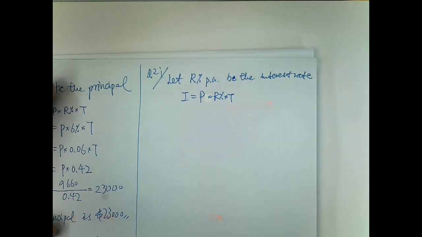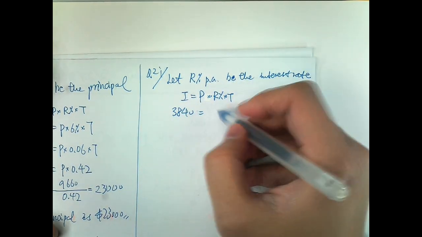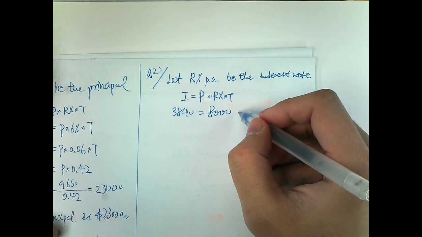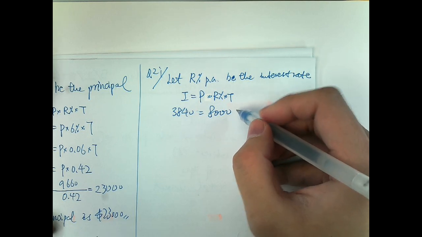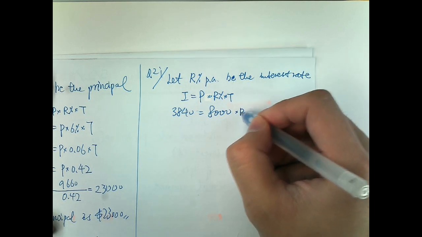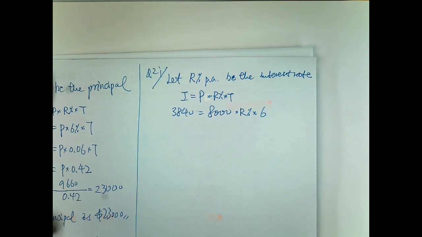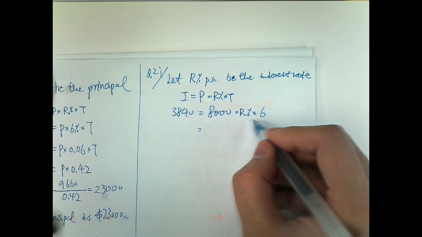So plug in the P, and then the R percent is what you have to find, and then the T. So do not divide both sides first, and you have to find out this first.